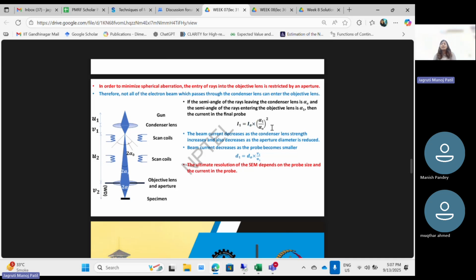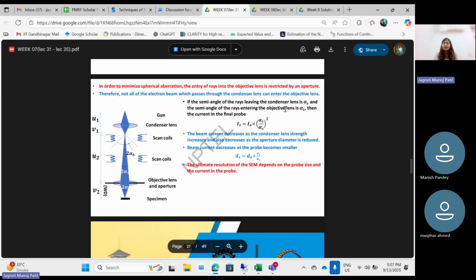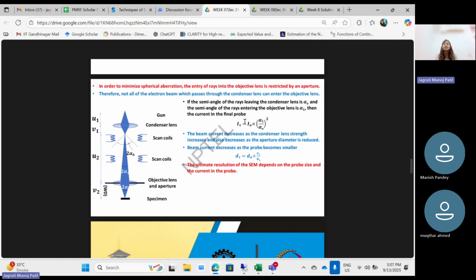So your intensity, your beam current, how is it related to your condenser lens angle? That's the semi-angle, so it's not even a complete angle, it's a half angle, and how that particular angle is proportional to the current that you are getting through.